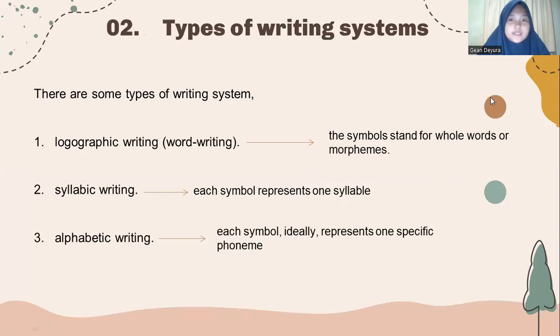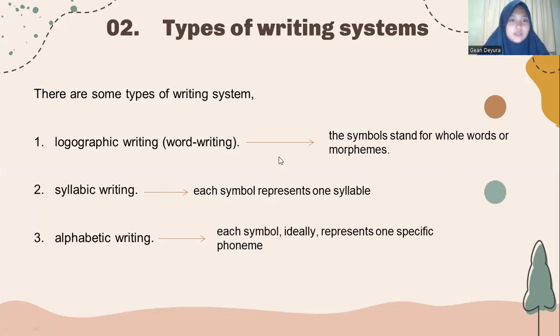Logographic writing systems use symbols that represent a complete word or morpheme. For example, Chinese is a logographic script, but most languages also include logograms, such as numbers and the ampersand. Second is syllabic writing.